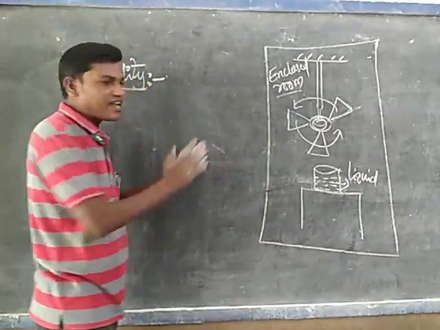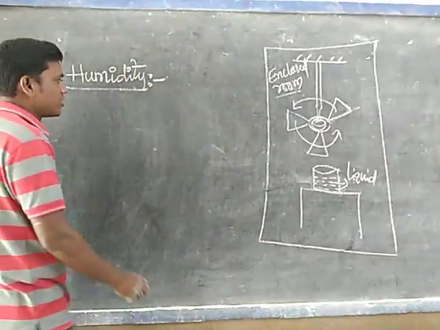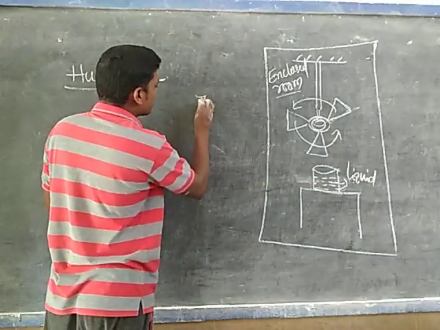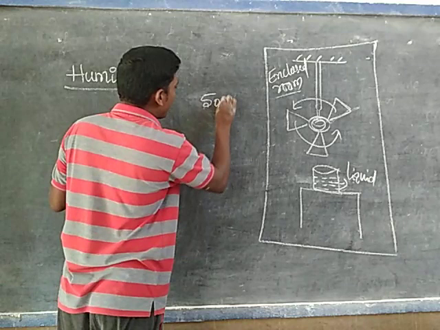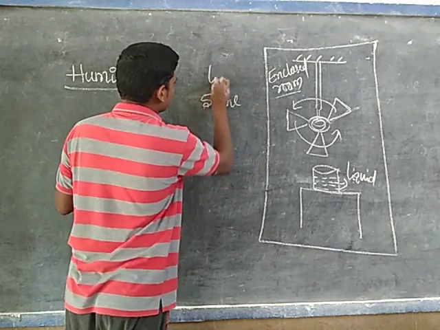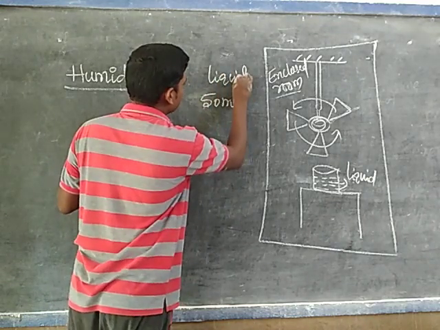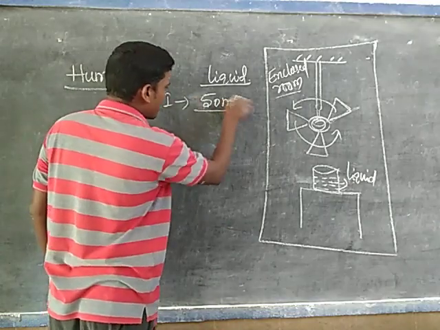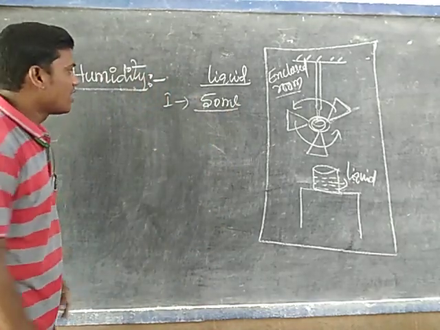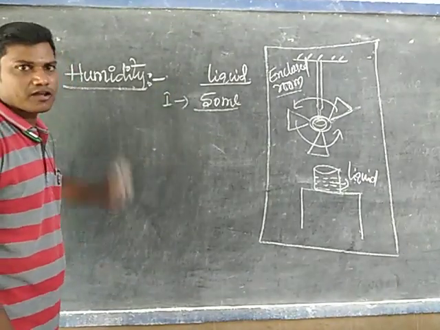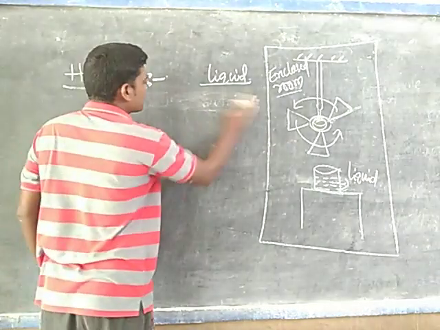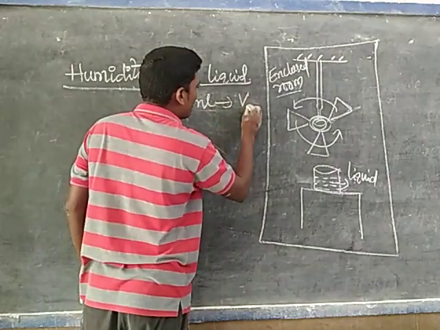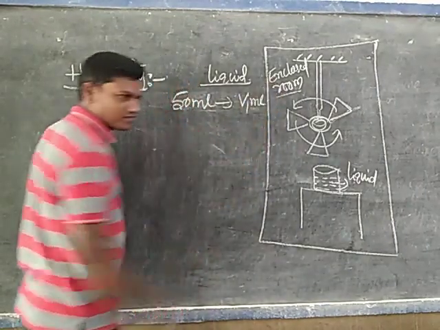So for your understanding, initially in the beaker we have taken 50 ml of liquid. How much liquid did we take initially? Initially we have taken 50 ml. This is V1 ml.